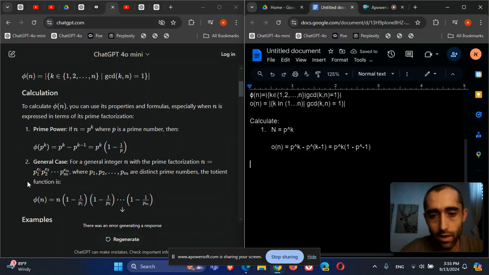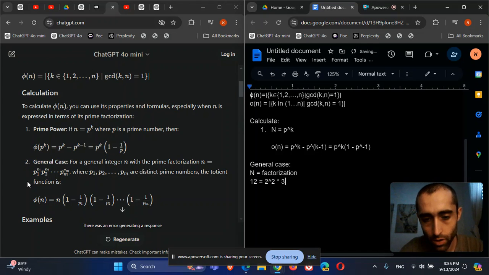Another case is the general case where I can factor n and present it as its factorization. For example, 12 can be factorized to 2 to the power of 2 times 3. This is the factorization of 12.